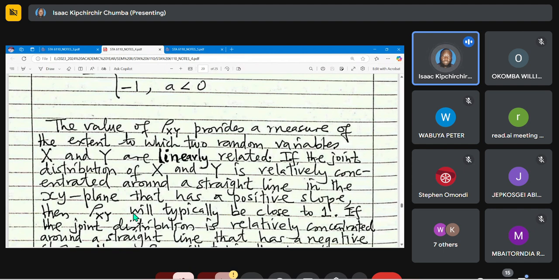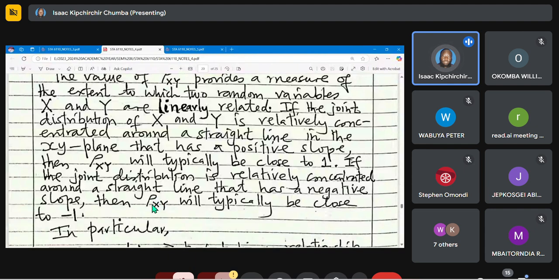So if you are to plot data, what you actually call the scatter plot, and you find it is almost following a straight line with positive slope, then the correlation will be very close to 1. If the joint distribution is really concentrated around a straight line that has a negative slope, then you'll find that the correlation will typically be close to minus 1.